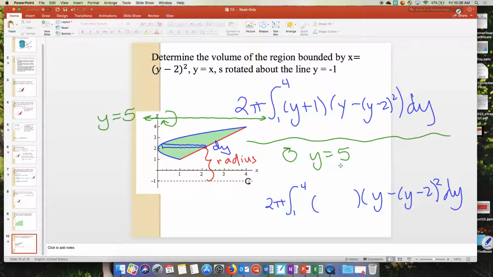It's not required for the AP test. Okay, so let's talk about this radius right here. 5 is above, so we need to start with 5. It would be 5 minus y.